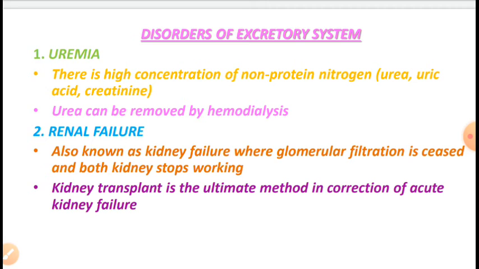The porous cellophane membrane of this tube allows the passage of molecules based on the concentration gradient. Nitrogenous wastes are absent in the dialysing fluid. What is the purpose here?